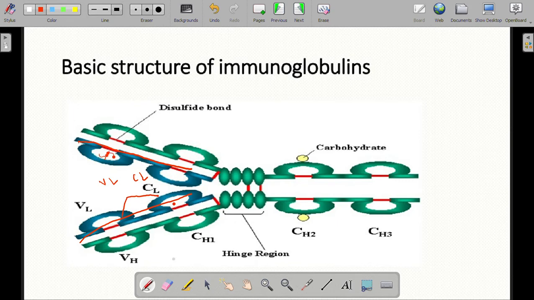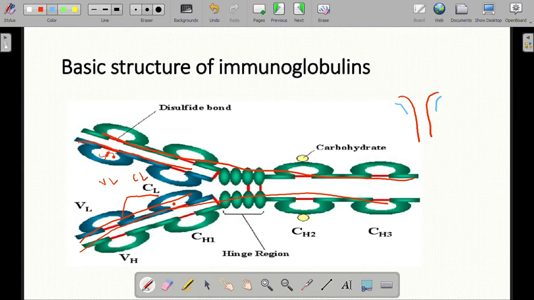And this is the heavy chain. As you can see, it is heavy in nature. And this one is light.